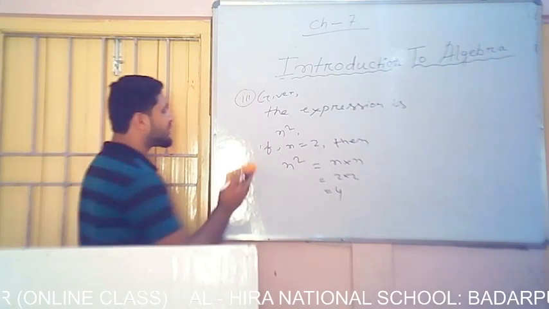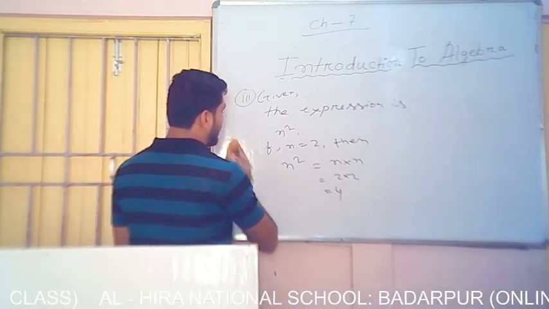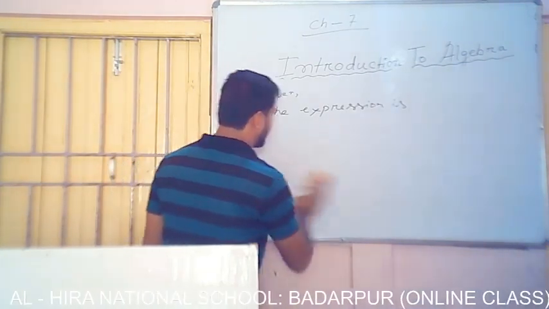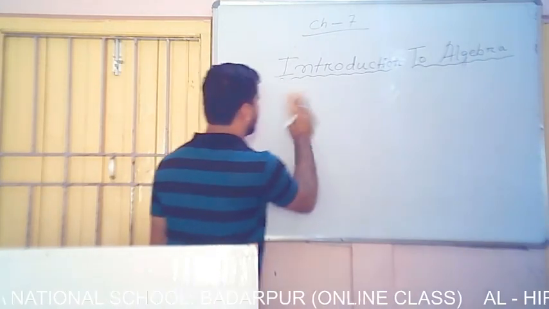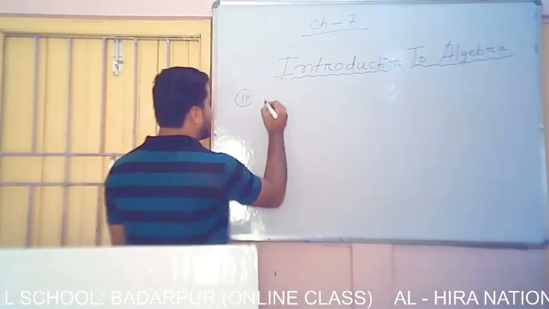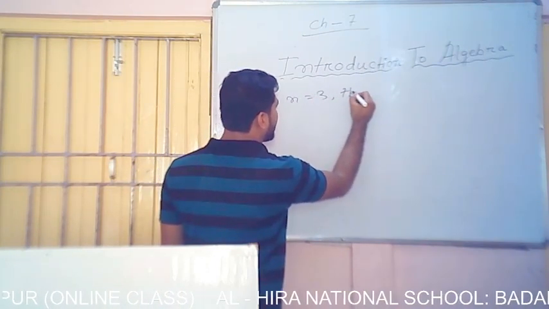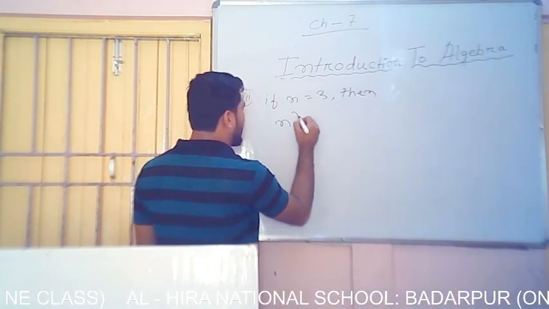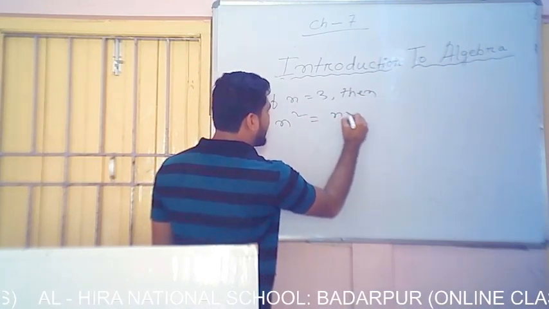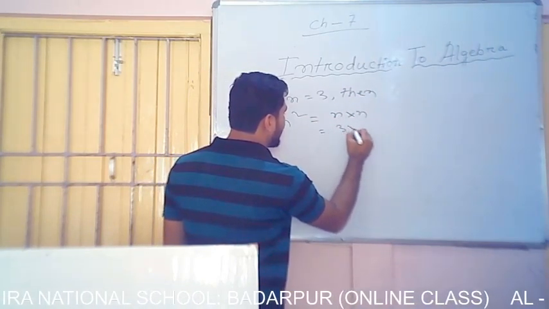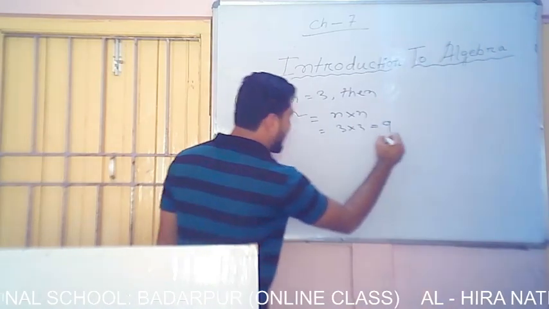Now for if n equals 3, then n square equals n into n. That means 3 into 3 equals 9.